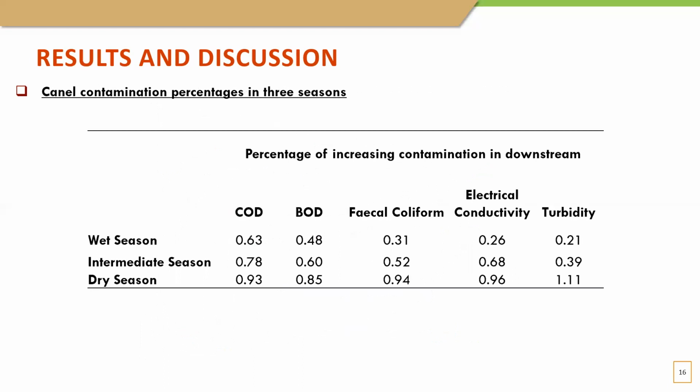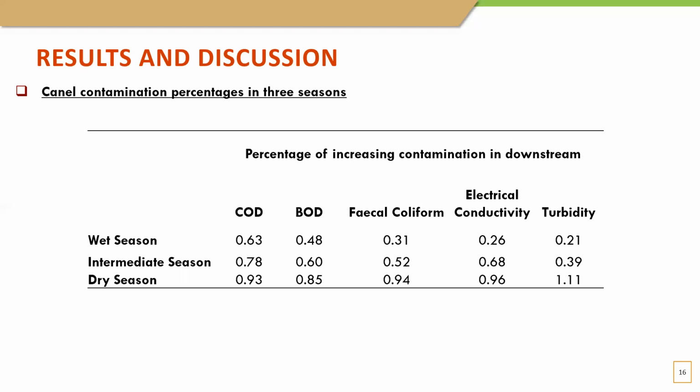Next, we have calculated the canal contamination percentage in the 3 seasons for the upstream and downstream levels. We are taking the contamination of the downstream level with 3 seasons. All the parameters increased by a percentage amount. In the dry season, the contamination was high due to lack of dilution.